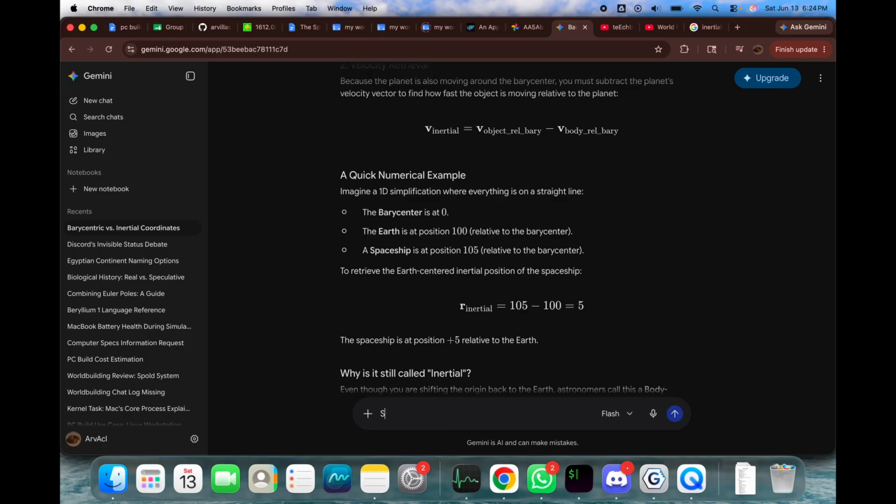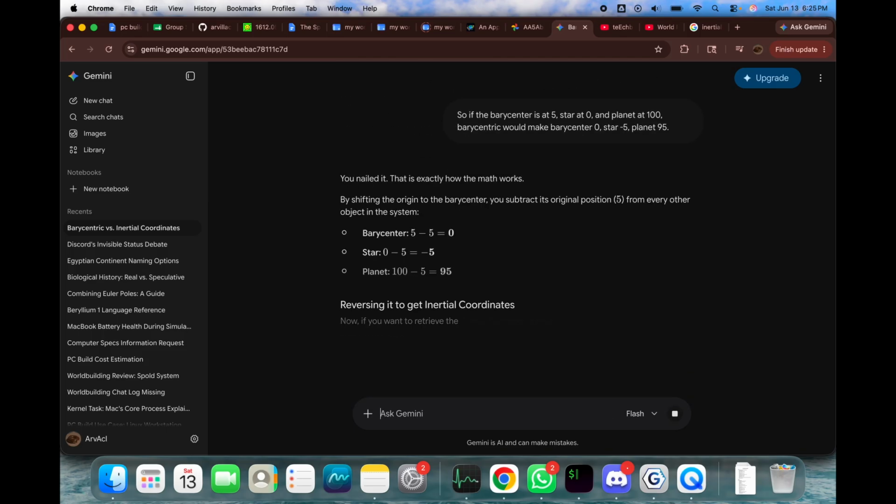Because if the barycenter is at 5, the star at 0, and the planet at, let's go for, 100, barycentric would make the barycenter 0, star -5, and planet 95.